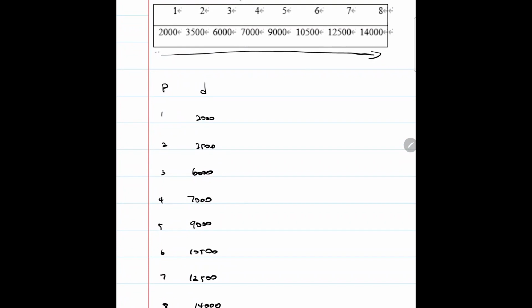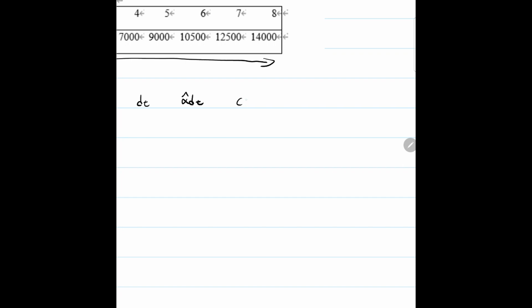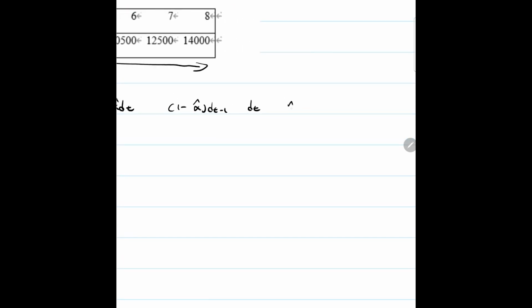And then things that we need is we needed dt times dt. But we found a lot of data.